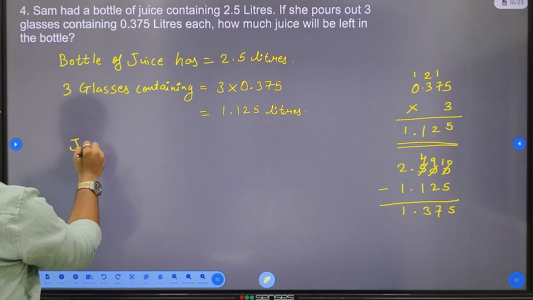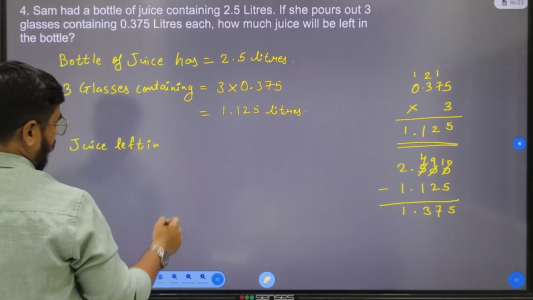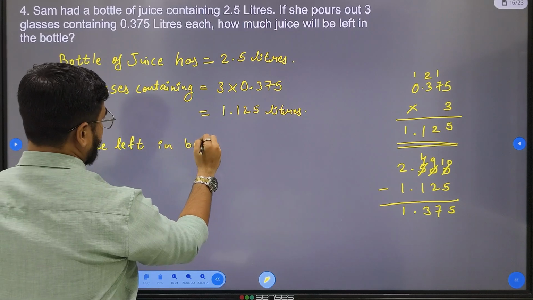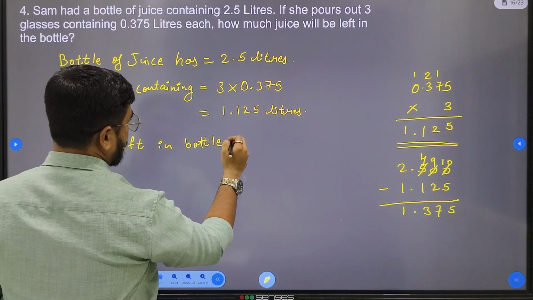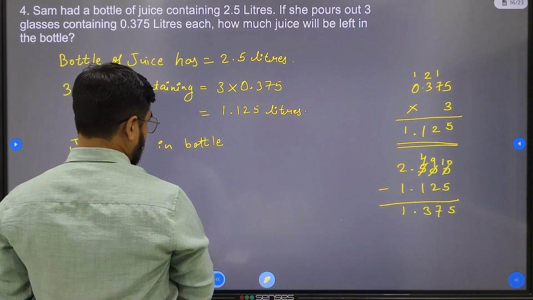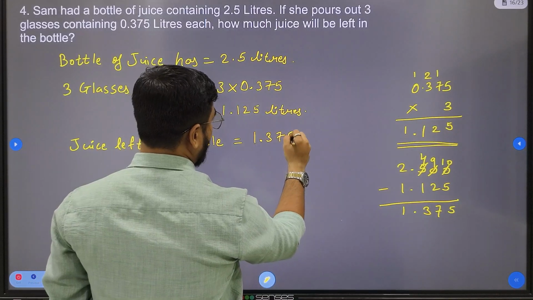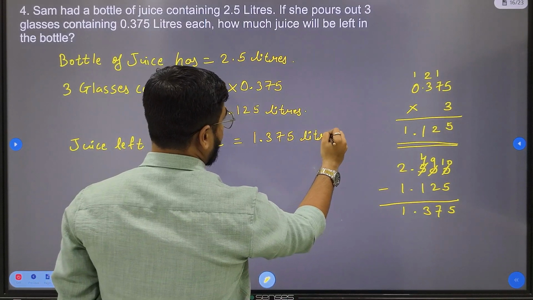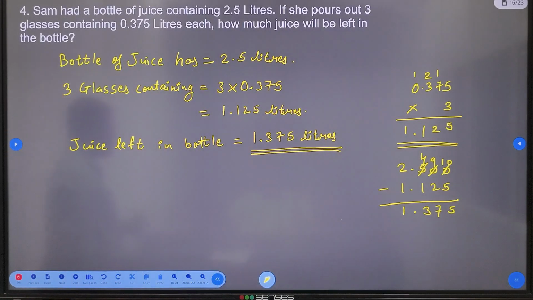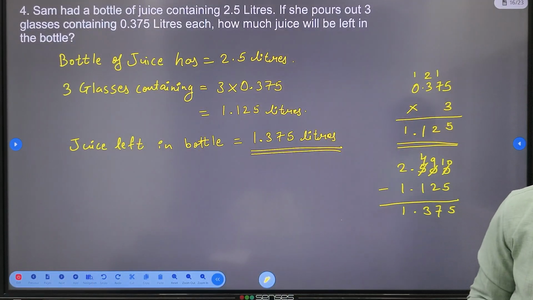Juice left in bottle is equal to 1.375 liters. This was an easy question. Let's move on to the next question.